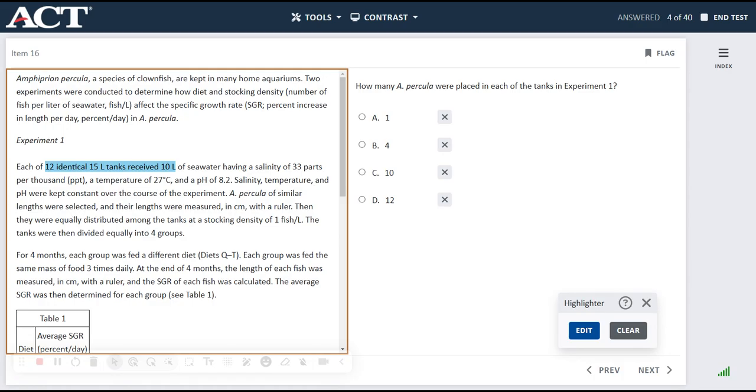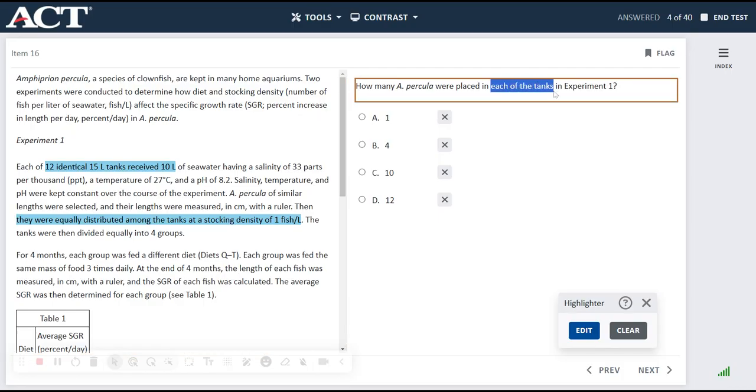They were equally distributed among the tanks at a stocking density of 1 fish per liter. So we're looking at each of the tanks, just 1 tank, not total. 1 tank has 10 liters of water, and there's 1 fish per liter. So that's going to be 10 fish per tank, so your answer has to be C.